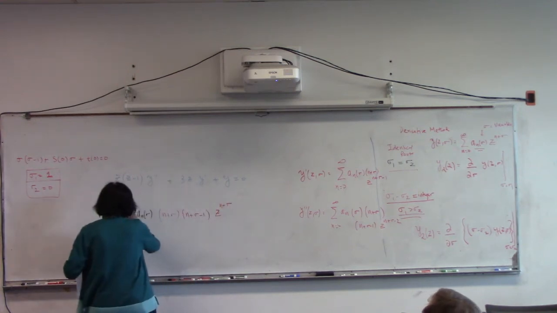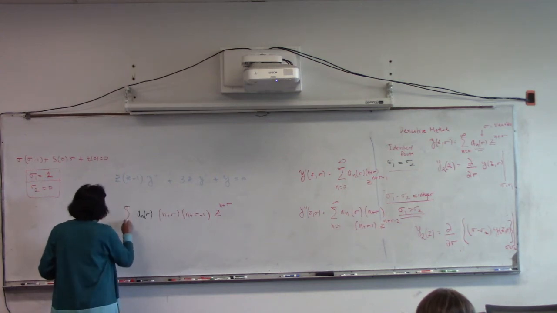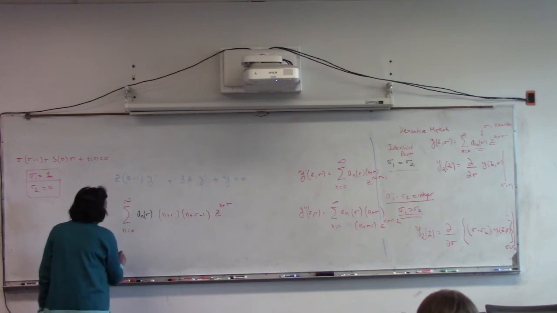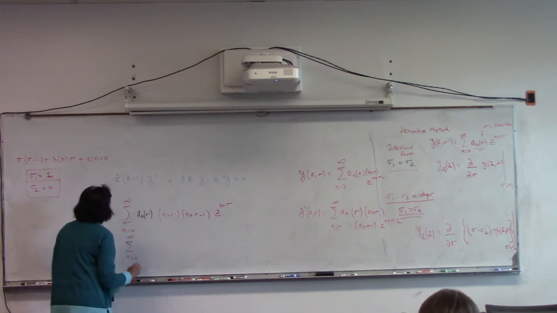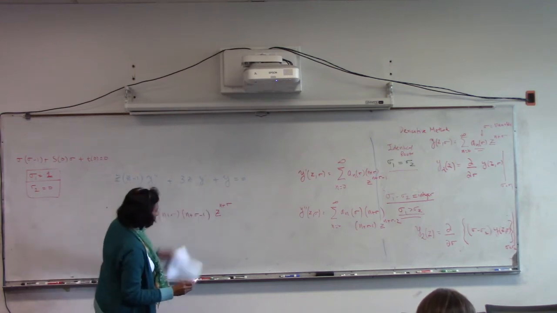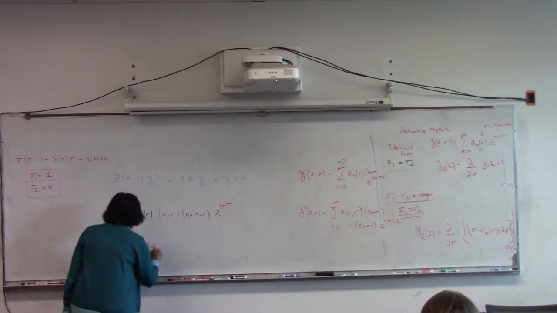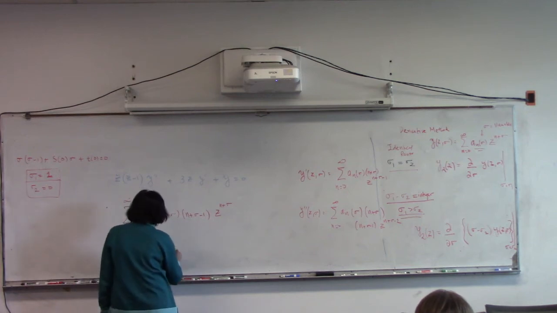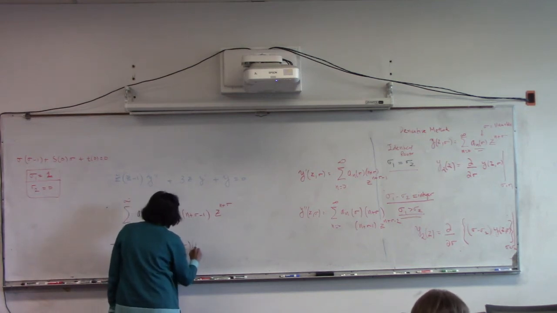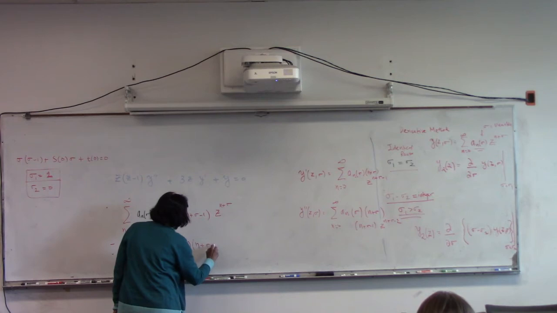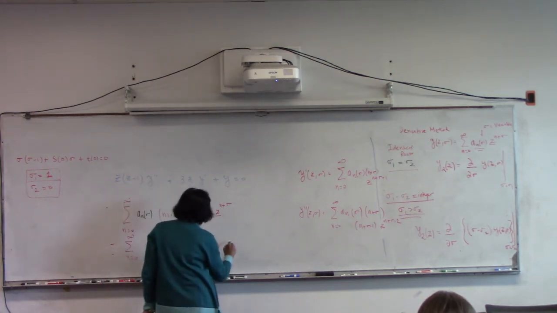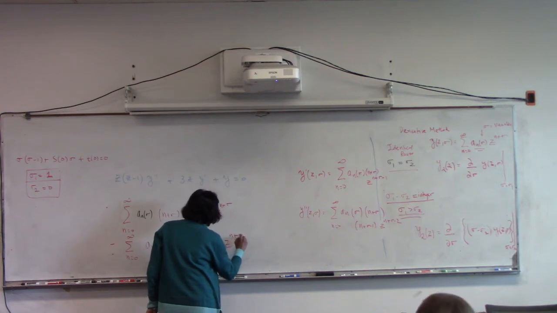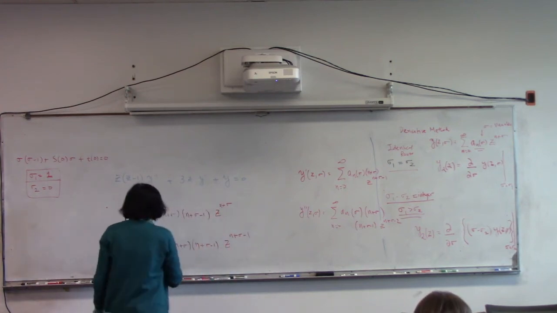Then minus z times y double prime still, right? A_n(sigma) (n plus sigma)(n plus sigma minus 1) z to the power n plus sigma minus 1. So that is my second term.